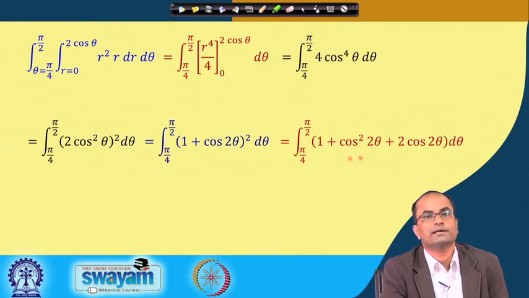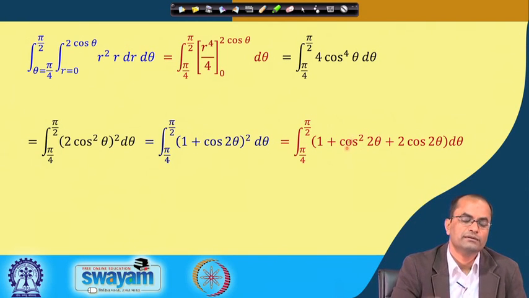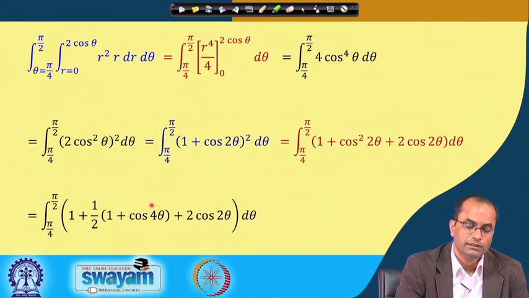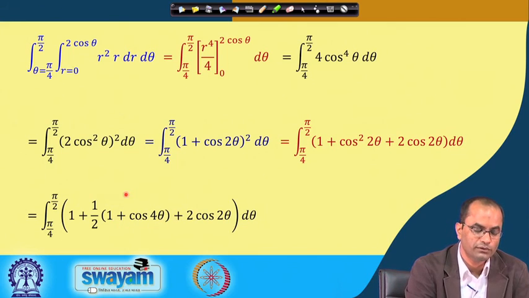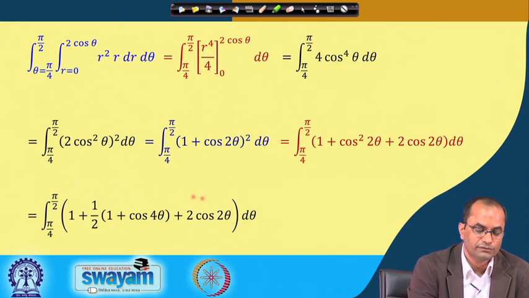Again this square term has come up, but again we can convert it into the double angle. So, cos square 2 theta will be half of 1 plus cos 4 theta, and now we have everything here which we can integrate.